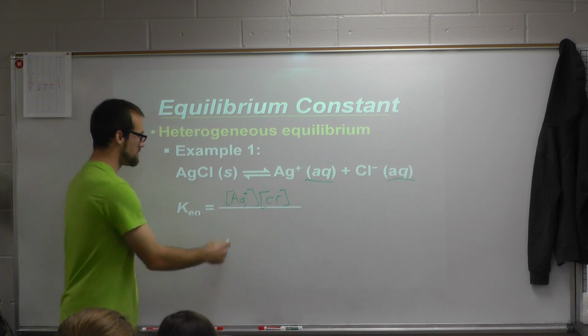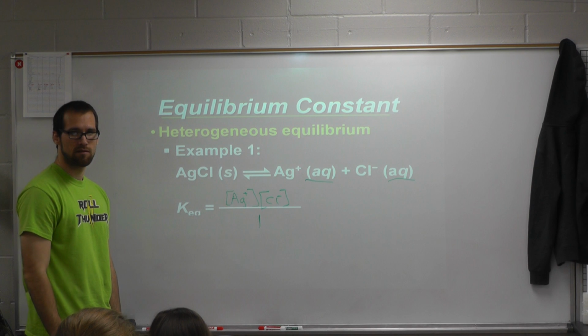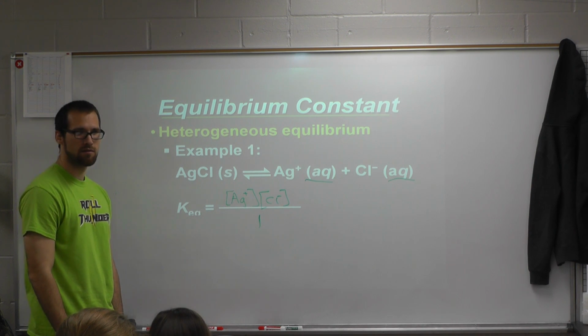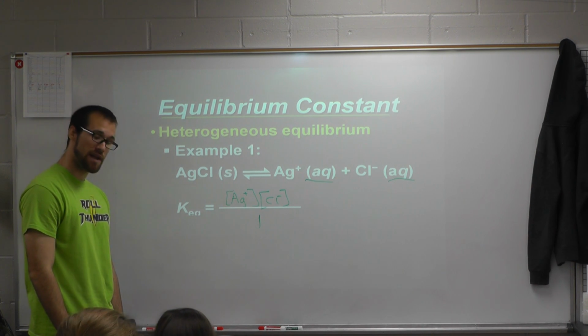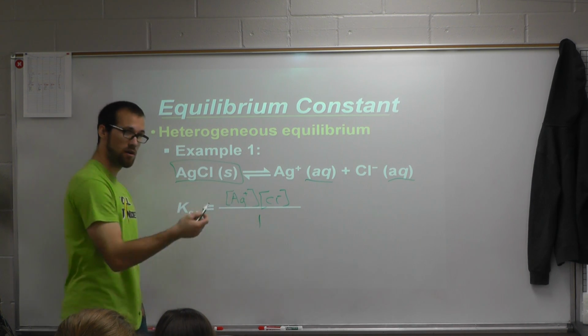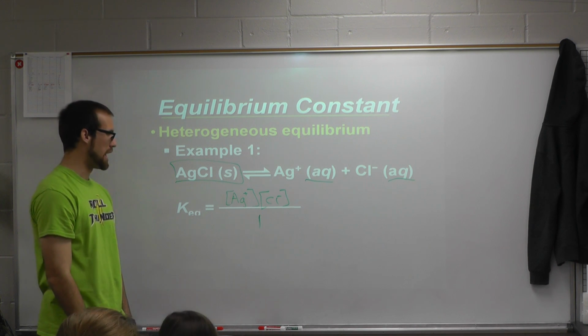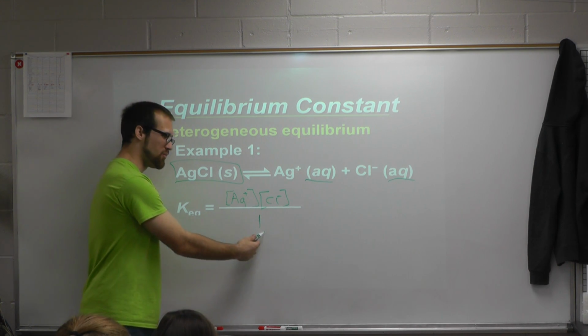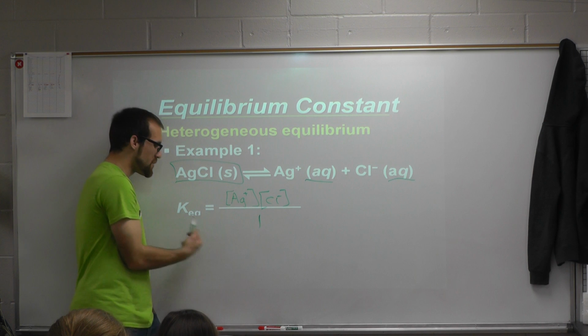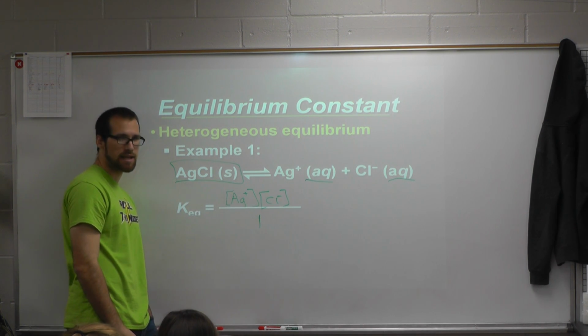No. So we're writing the equilibrium expression, but we're not putting in what? Solids or liquids. Isn't a liquid just dissolved in water? I could put this in, but if it never changes, it's going to give me the same outcome. So just ignore it. Don't put it in.